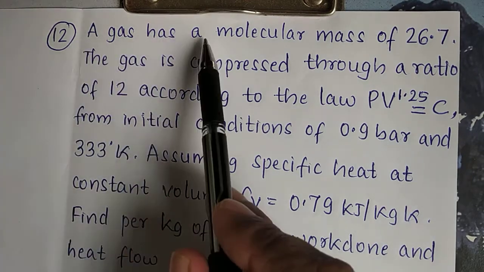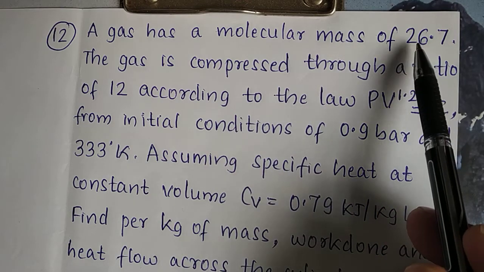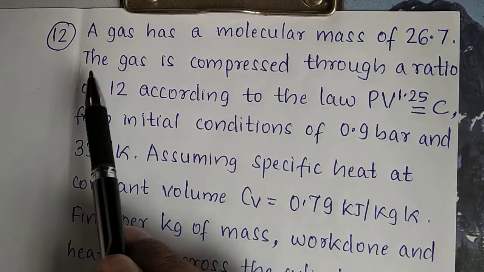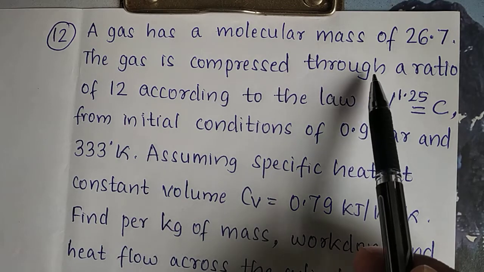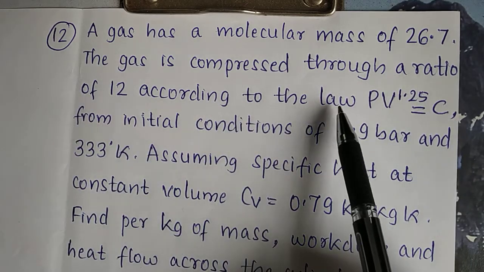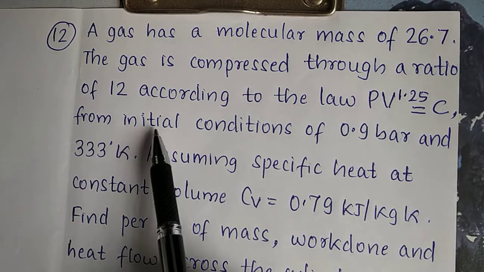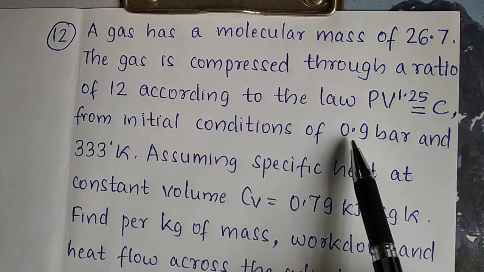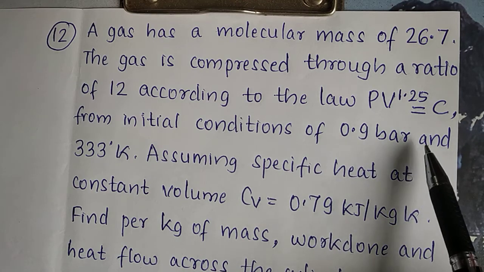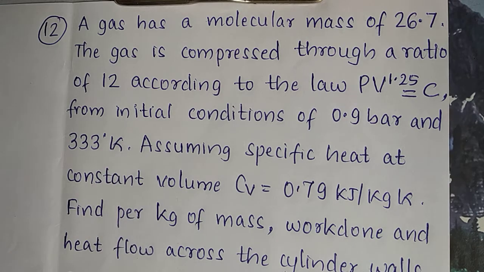A gas has a molecular mass of 26.7. The gas is compressed through a ratio of 12, according to the law PV to the power 1.25 equal to constant, from initial conditions of 0.9 bar and 333 degrees Kelvin.